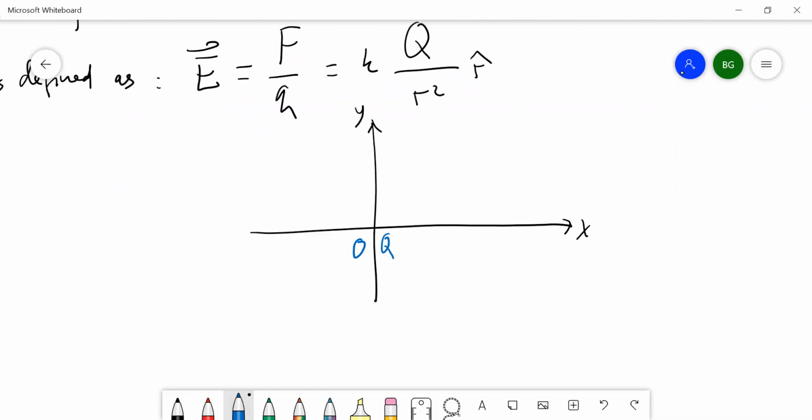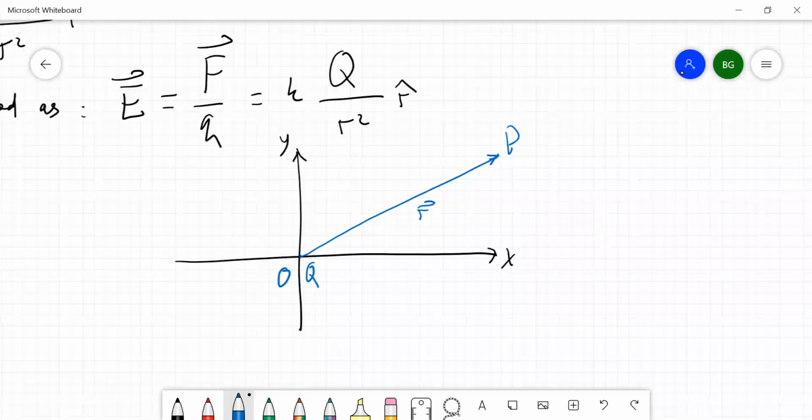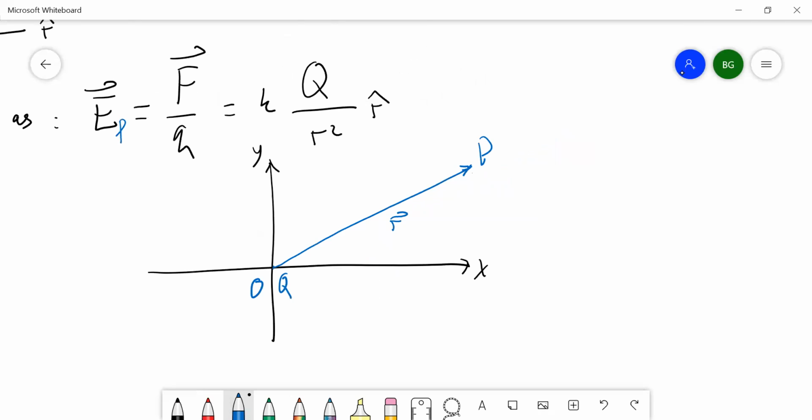This is q, and this is r. This is, for example, the point P, where we want to know about the electric field at the point P. So this is called the field coordinates.